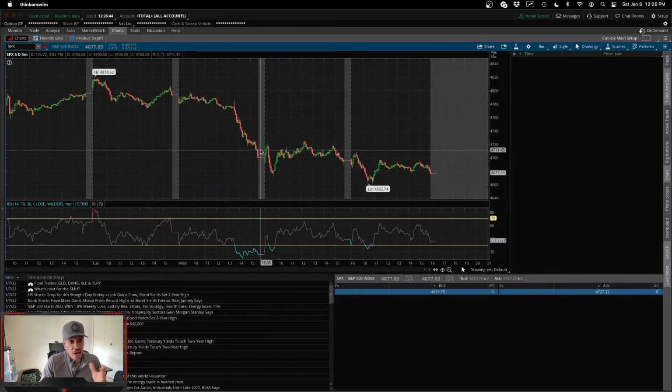So as a result, when these kinds of sell-offs take place, I like to look for underlyings, and when I say underlying, underlying encompasses a stock, an ETF, exchange traded fund, or it could be an index, right? So it can be either one of those three financial instruments, right?